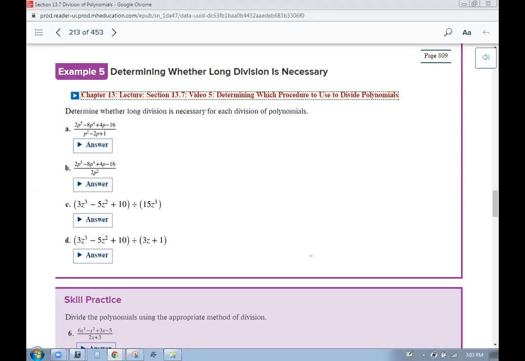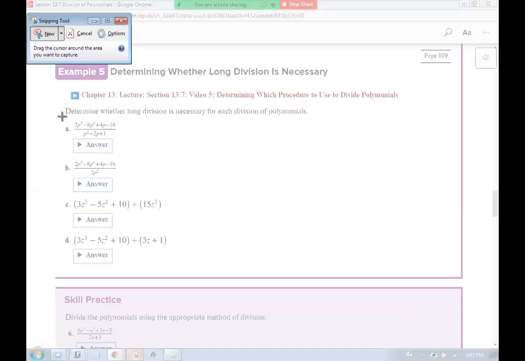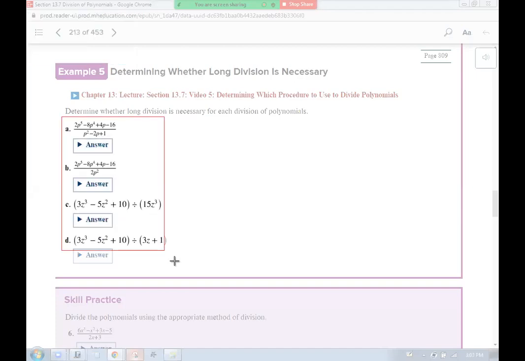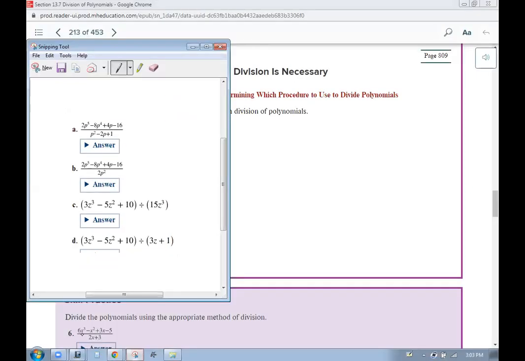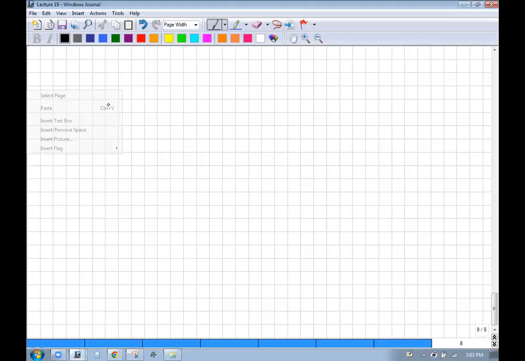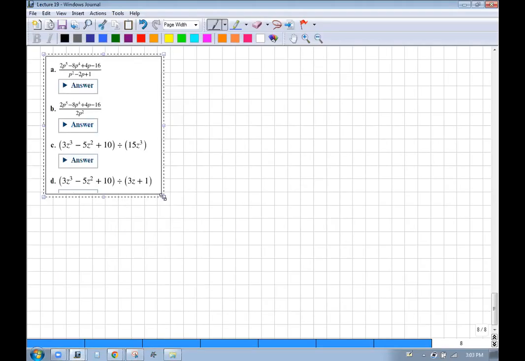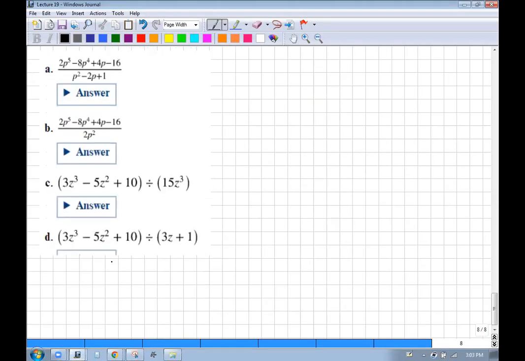Okay, so when do you use long division and when don't you? All right, so let's look at these. All right, it looks like we need to do long division for all of these.